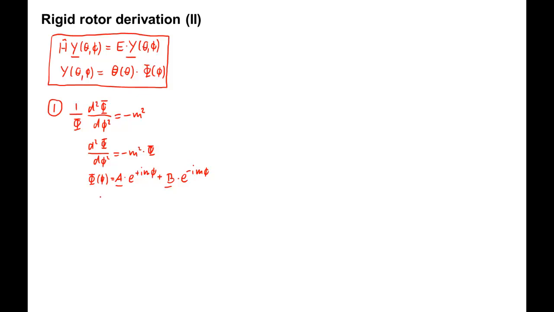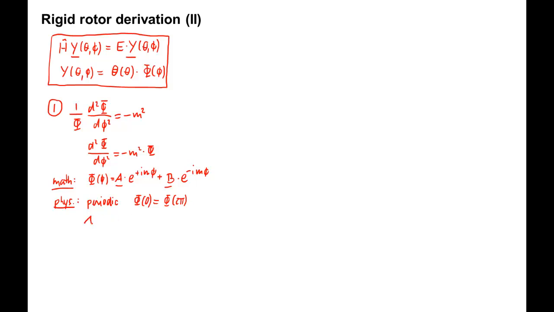Only a subset of these mathematical solutions are physical wave functions. In order to be physical, a function has to be single-valued. Now, φ describes the motion on a circle and wraps around after a full turn of 2π, so we need to require the function to be periodic to keep it single-valued. This means that Φ(0) has to be equal to Φ(2π).